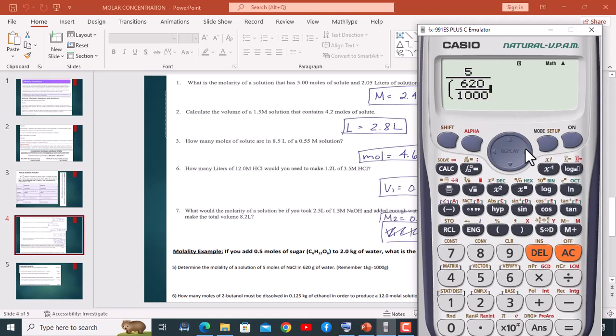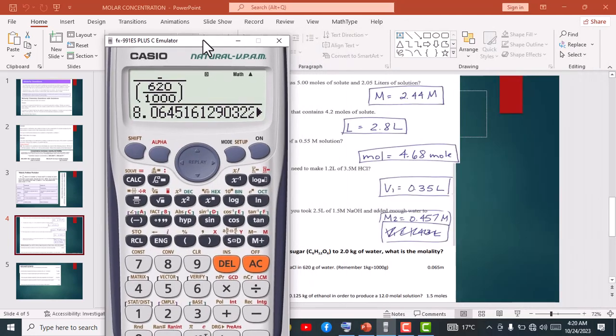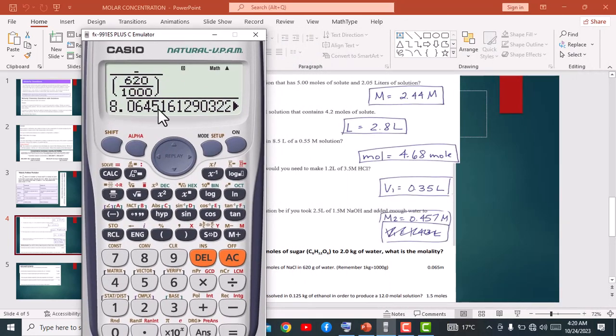Right. So this is the same as just saying the number of moles divided by the volume. So this is pretty much the same thing. I am just converting the volume here from grams to liters. And then from there we can just try and find out what the value should be. And this is the value that we get, 8.0645.